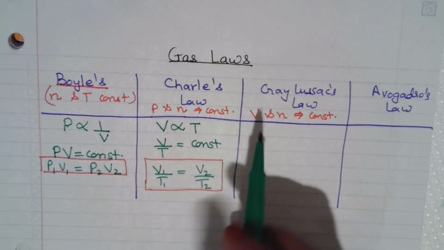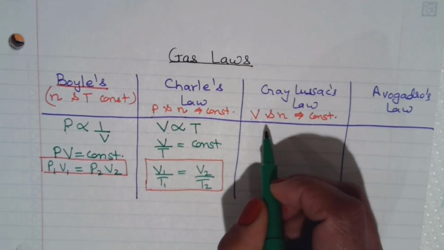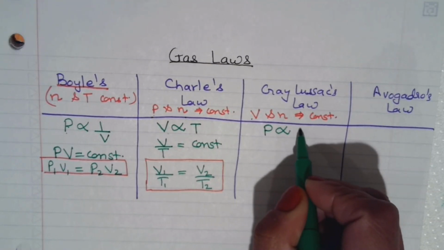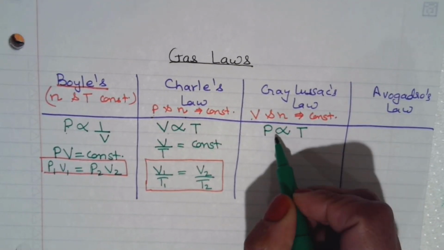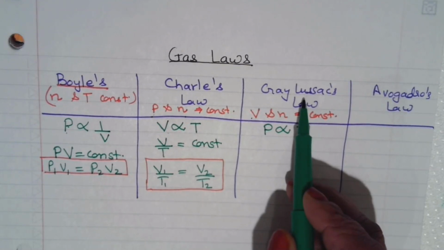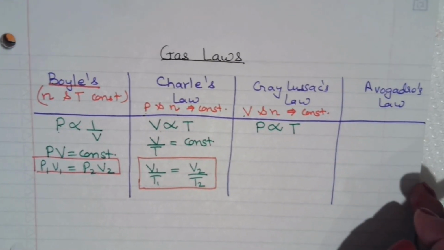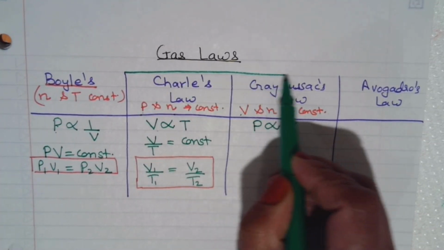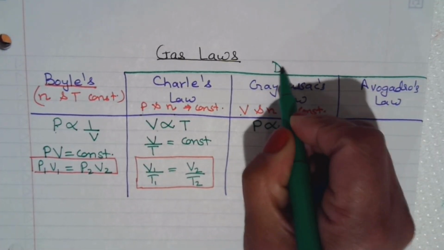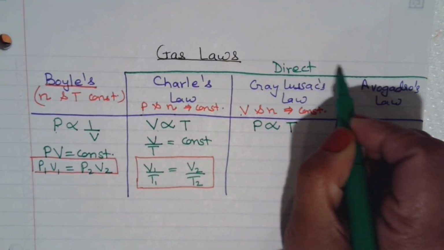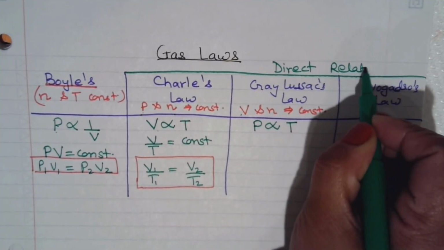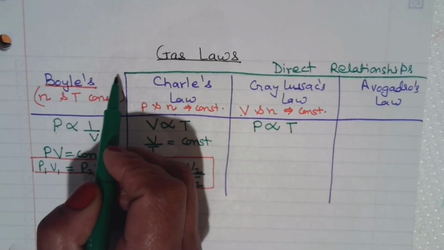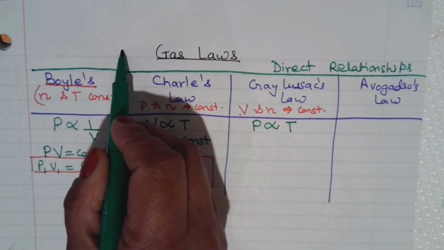So at constant volume and number of moles, pressure of a gas is directly proportional to its temperature. See, Charles', Gay-Lussac's and Avogadro's laws, they all are direct relationships, right? Only Boyle's law is the inverse relationship.